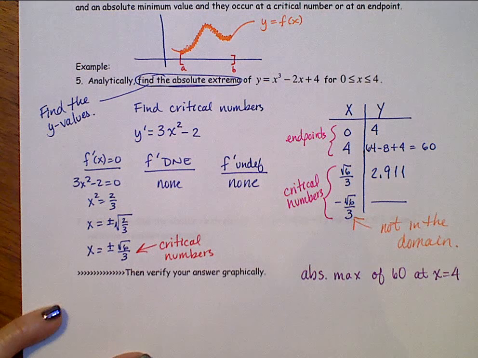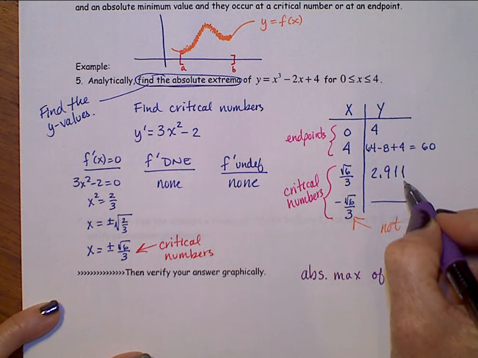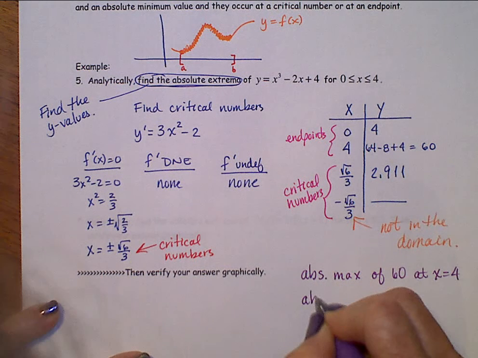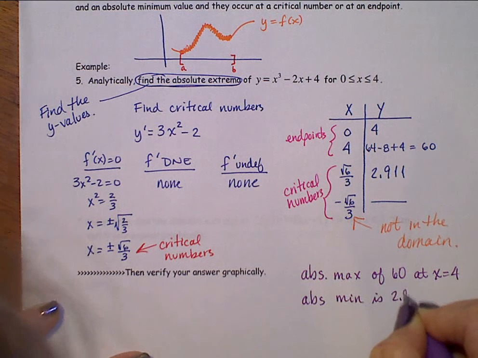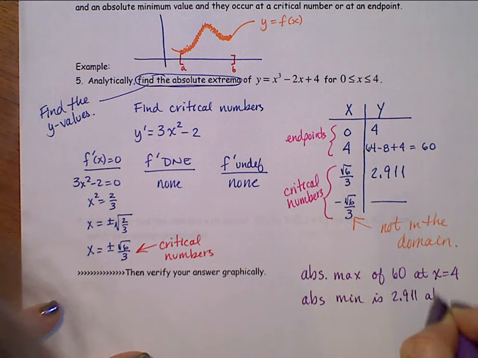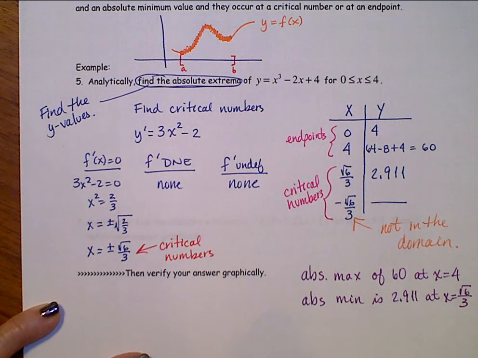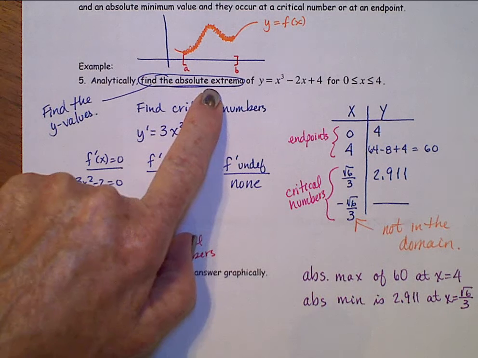The 60 is a y value. And looking at the y values again, this 2.911, that is a minimum value. So the absolute minimum is 2.911, and it occurs at x equals square root 6 all over 3. So analytically, find the absolute extrema. Here we go.